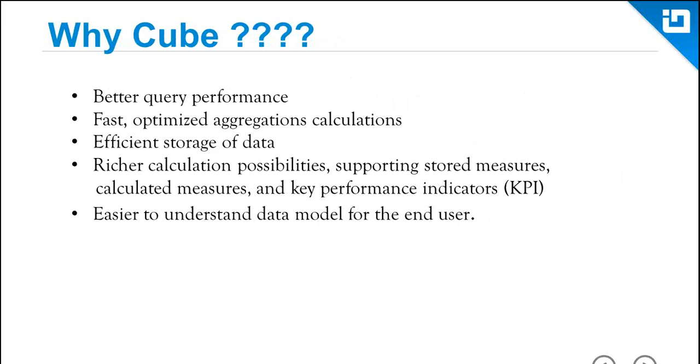For example, in a table, how many entries are there? You say select count star, right? Similarly, you have different aggregation or mathematical functions provided by a SQL query. You use them, and that's the way you calculate aggregation and other stuff.